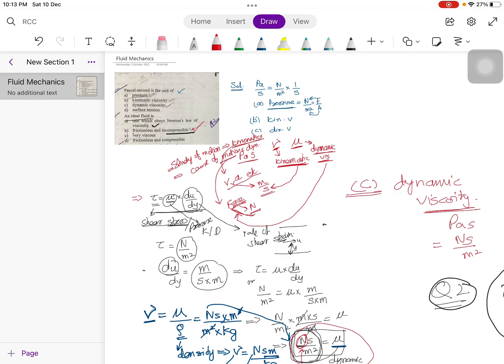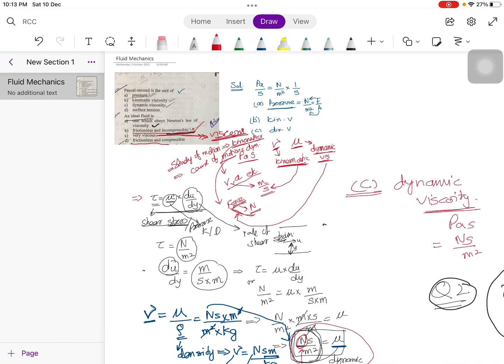Now, the third option, which we already know is wrong, but still we are going to discuss it, is an ideal fluid is one which is very viscous. This can't be the answer for this question because an ideal fluid is frictionless. When it is frictionless, there can't be any question of viscosity.